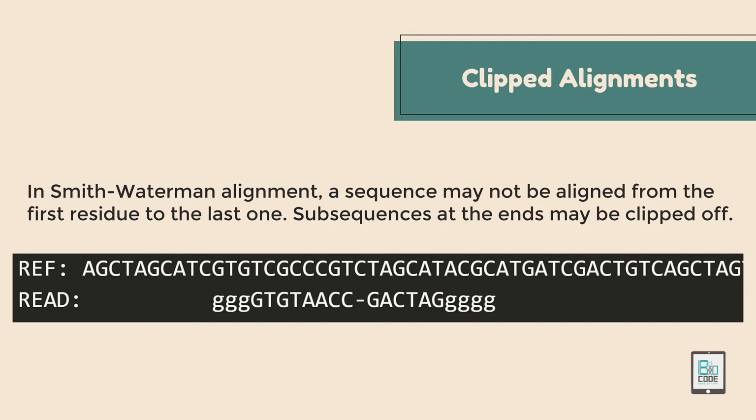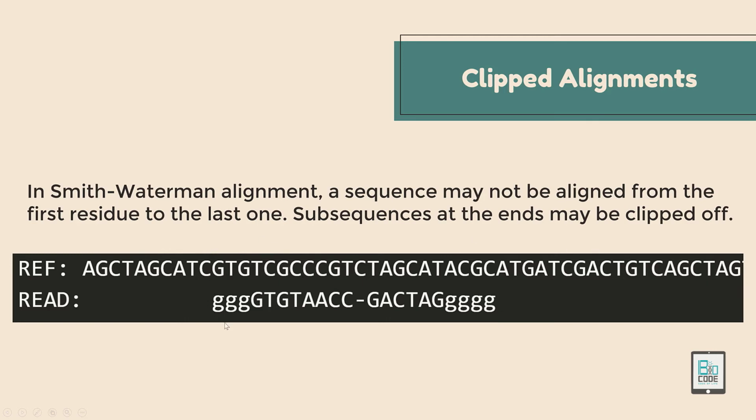Clipped alignments. If you have ever seen local alignment, or if you have ever seen the Smith-Waterman algorithm in action, you will know that local alignment actually takes out the sequence. For example, in Smith-Waterman only this region would have been shown, because this is the sub-region of the entire sequence that actually matches, and the rest of the sequence will be taken out or clipped out.